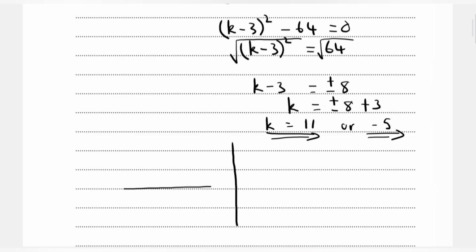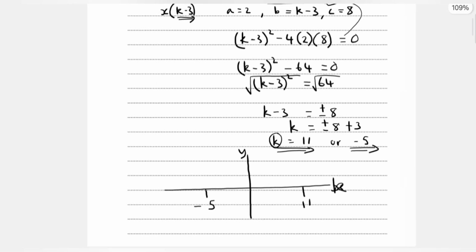So we just draw a little sketch, our y and our x, right? Then we take this to be our k in this case, right? Because it's k here. So taking that to be our k, we have minus 5 and 11 like this, right?